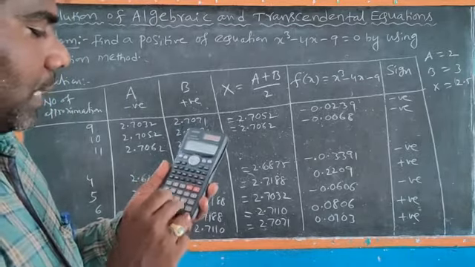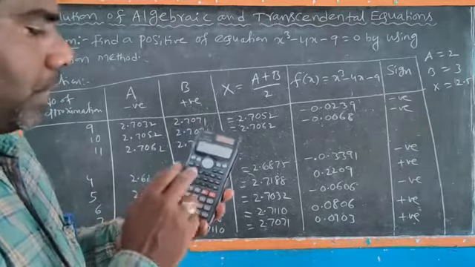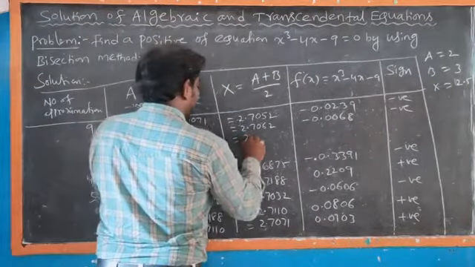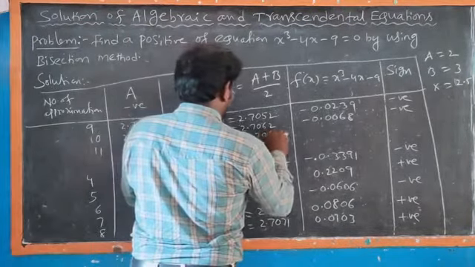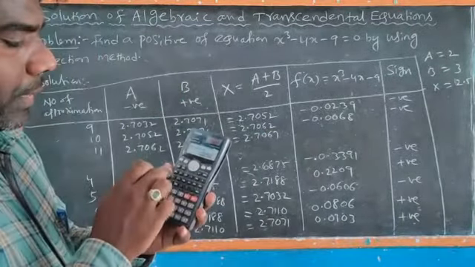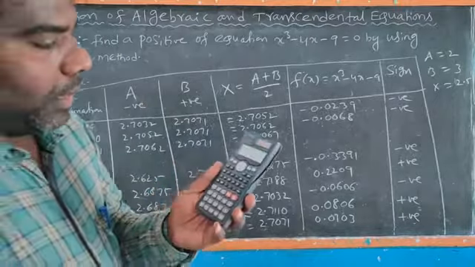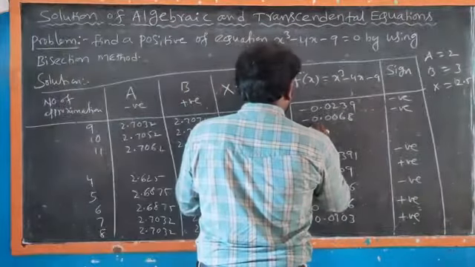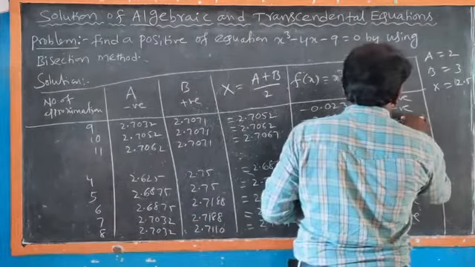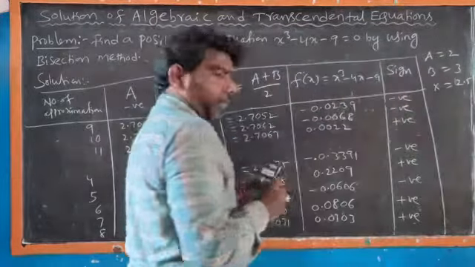Now go back and calculate what is a: 2.7062. Calculate the b value: 2.7071. Then what is x? 2.7067. So substitute x in the function. Then 0.0022. This is a positive value. Okay. Right.